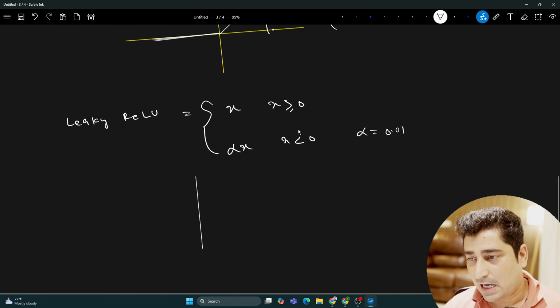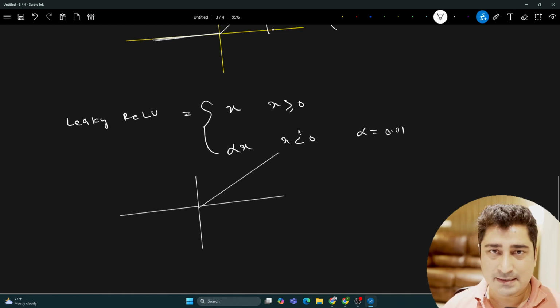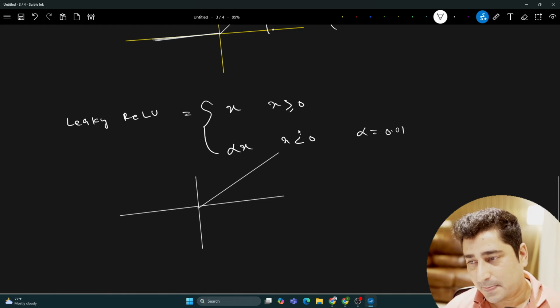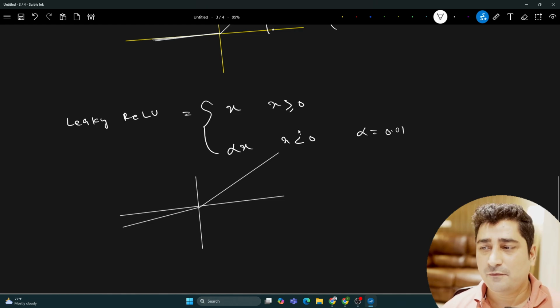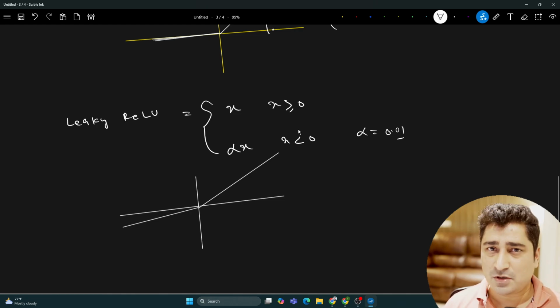This is how the graph looks. For any positive value from 0 to positive infinity, it gives me the maximum. For any negative value, it gives me some value at least. That value is alpha, which is 0.01, so it is not going to give you the maximum.